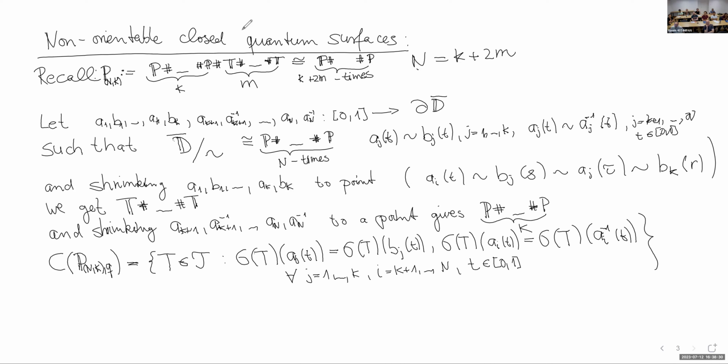And it makes sense also for non-orientable. Here I should say K must be greater than 0. So if I take K zero, then I get it all.